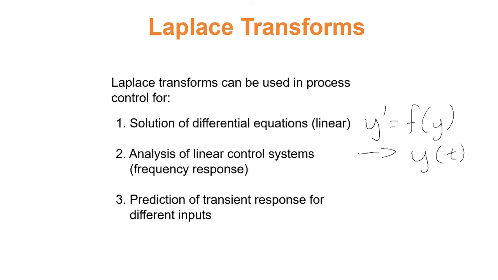Also we can use Laplace transforms to analyze our control system. As we put together these control loops, we can use Laplace transform transfer functions to analyze the response of these systems. And of course, by taking the inverse transform of these results, we can also find the transient responses for different inputs as functions of time.